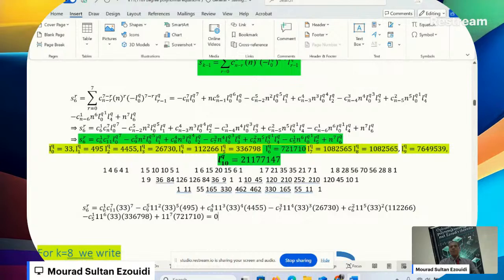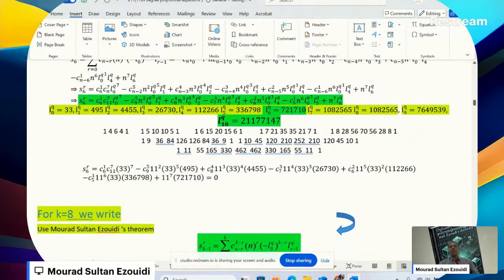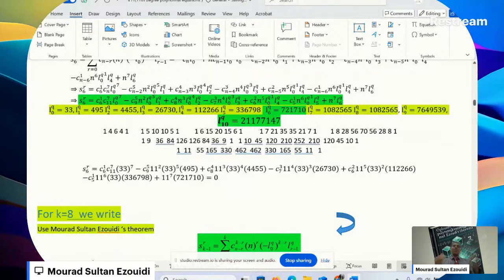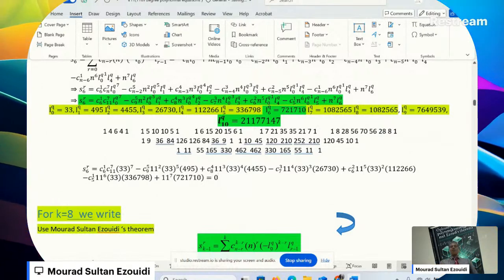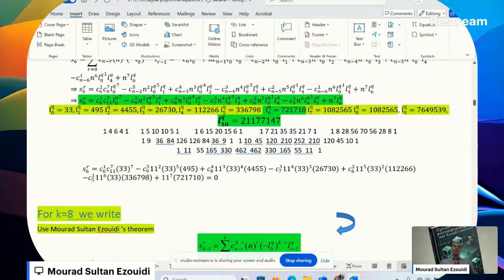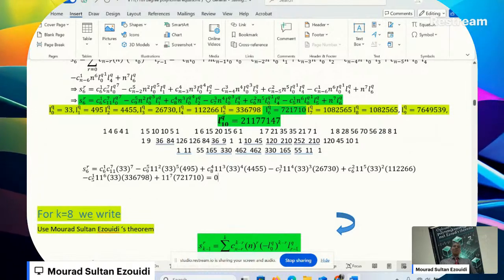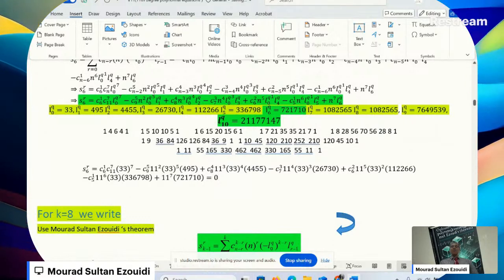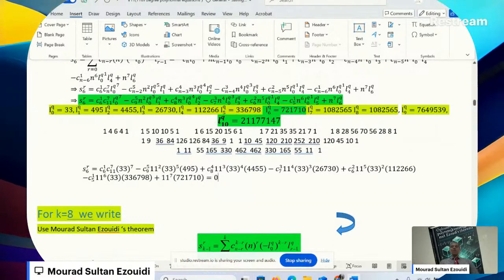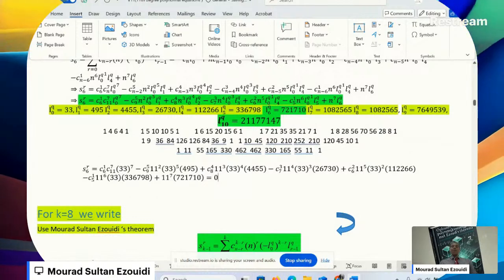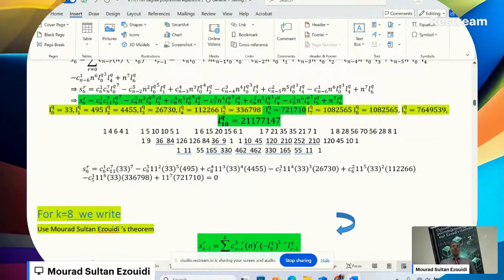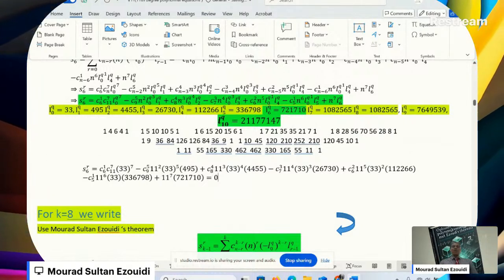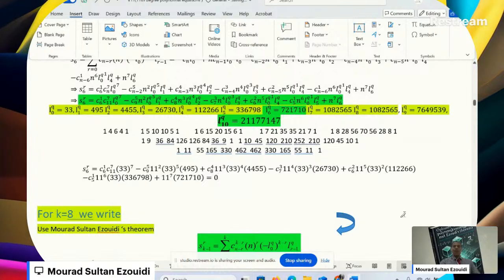Okay, we continue. This is, let's say, an example for you to train yourself and to see that, in fact, this is a counterexample to the Abel theorem, because Abel's theorem says that from degree 5 and higher, we cannot find a general solution. So this method, maybe Abel before in 1824, he didn't have this formula of Professor Mourad Sultan Ezouidi.